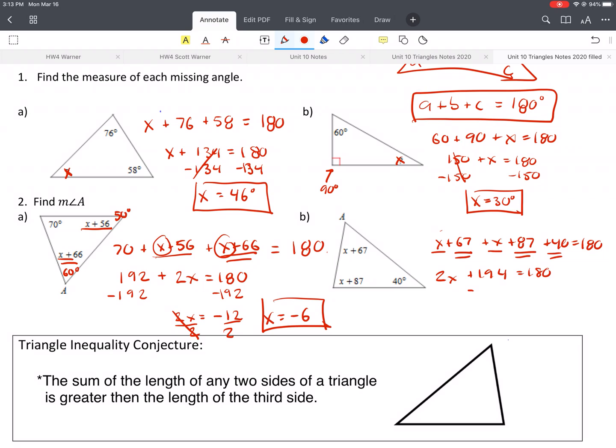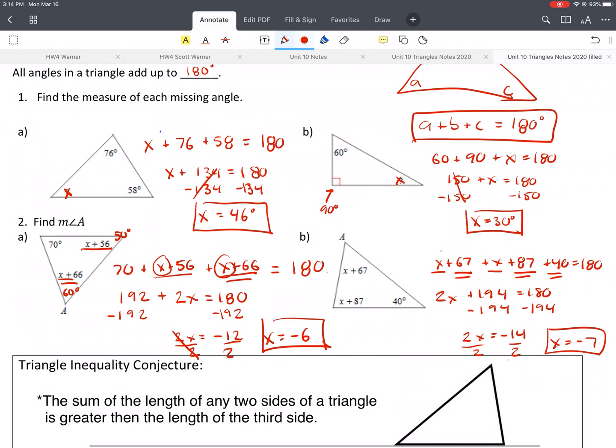Very similar, so we subtract 194 from both sides. That gives us 2x is equal to negative 14. Divide both sides by 2, and we get x equals negative 7. Very similar to that other one.